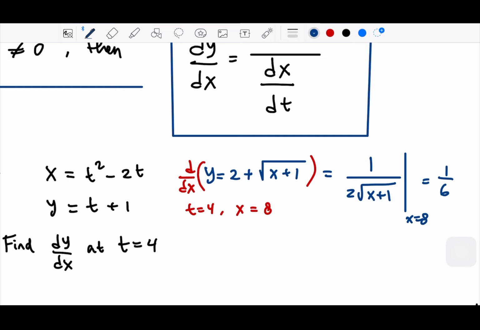But you need to make this y in terms of x using the elimination of the parameter, which is not really simple. This is quite simple, but for most cases it will not be simple. So let's try this instead of this. Okay, let's just try this.